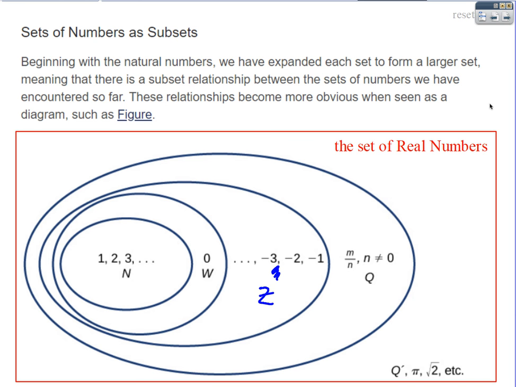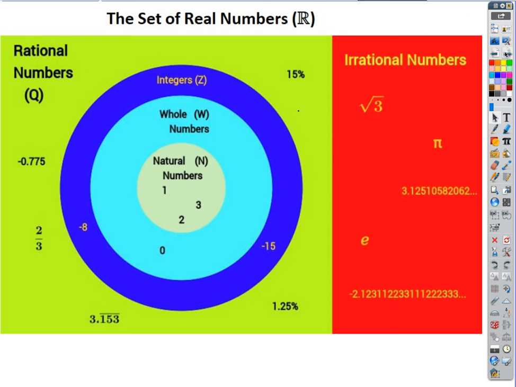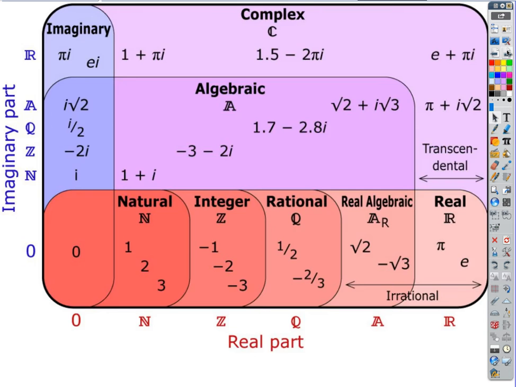Okay, here's just another representation. It says essentially the same thing. It's colored, so it's kind of nice, right? You've got the set of real numbers is the whole, everything combined. You've got the green set of rational numbers and its subsets separate from the red set of irrational numbers. Okay? I'm going to skip that one. We'll come back to that one later in the year.